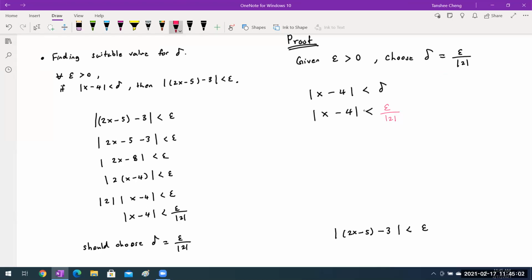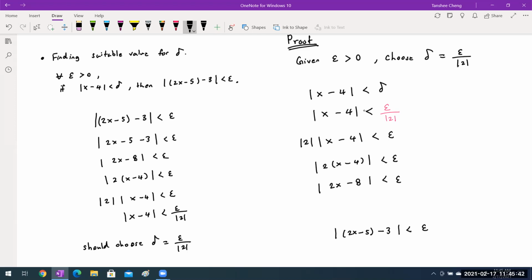That's very important. From here, we manipulate the algebraic format, which means I multiply both sides by the absolute value of 2. Multiplying both sides of the inequality by a positive number doesn't change anything. Now, multiplying out according to the properties of absolute value, this becomes the absolute value of 2 times x minus 4. Therefore, this gives me the absolute value of 2x minus 8 is less than epsilon.